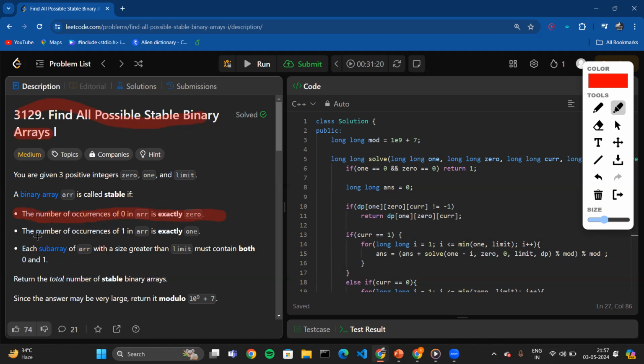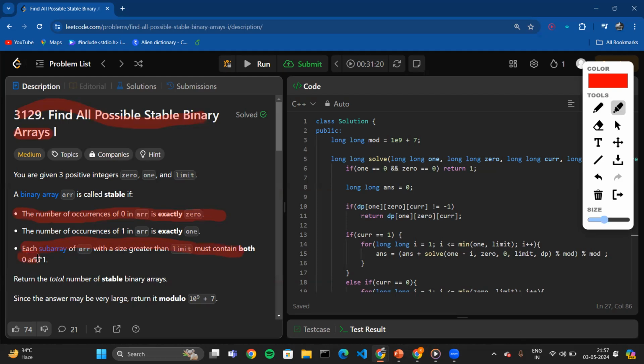And the number of zeros in our constructed array should be equal to the number of ones in our constructed array. Now each subarray with a size greater than limit must contain both 0 and 1. We need to return the total number of stable binary arrays.